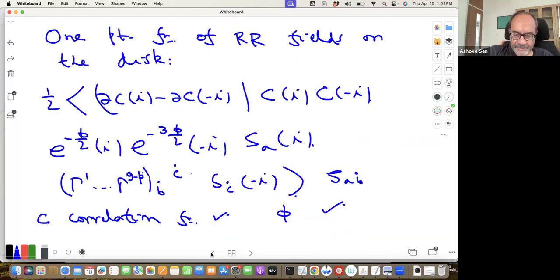So going back here, we see that now we have a non-zero correlation function. So this I can write as proportional to gamma 1 to gamma 9 minus P, B dot C dot, zeta, what do I write?